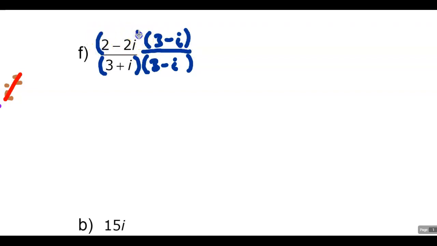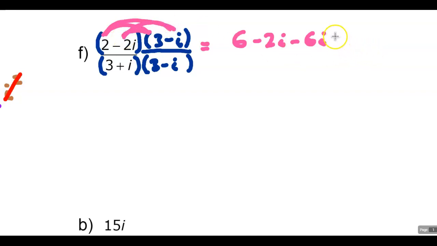So we've got to multiply all the top out, all the bottom out, and simplify where possible. So we have 2 times 3, 6, 2 times negative i, negative 2i, negative 2i times 3, that's negative 6i, and negative 2i times negative i is going to be positive 2i squared.